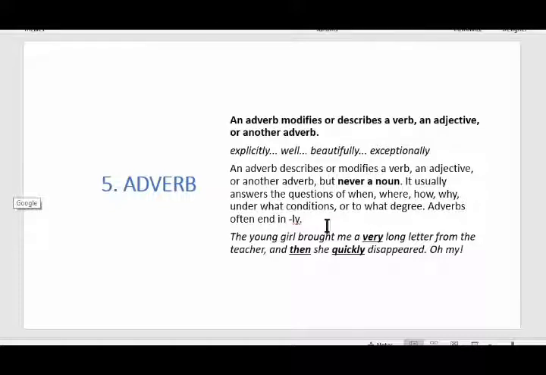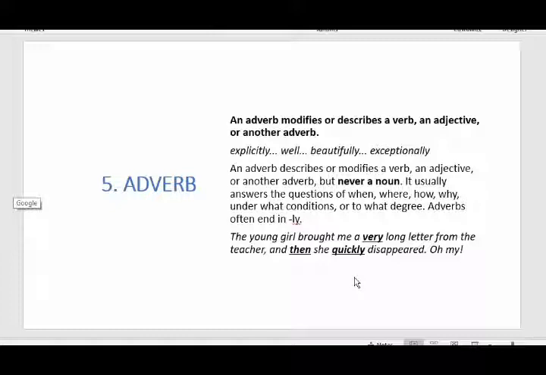And in general, we can identify adverbs that end with ly. So ly is commonly used at the end of an adverb. In this particular sentence, there are three adverbs.